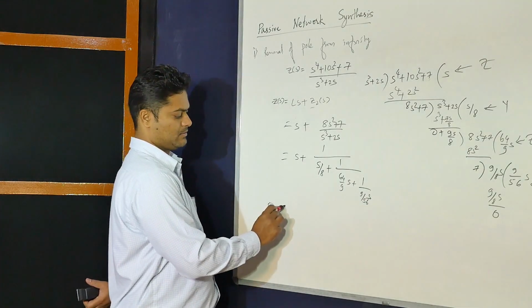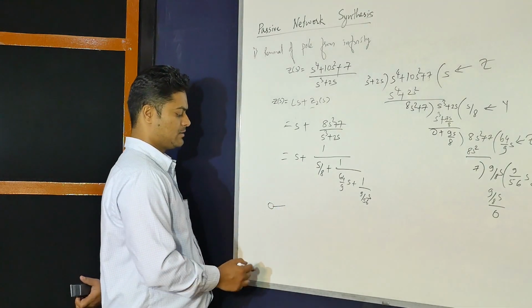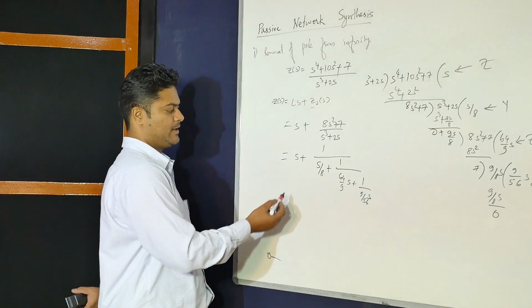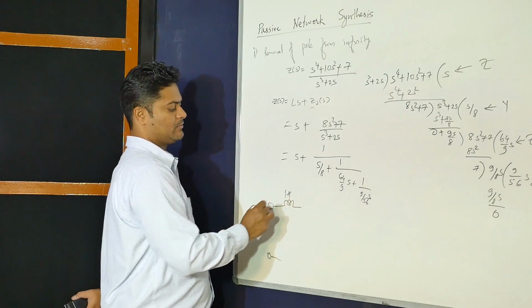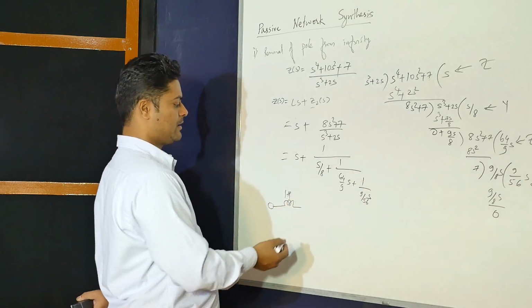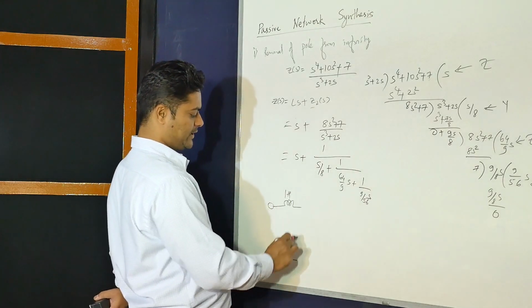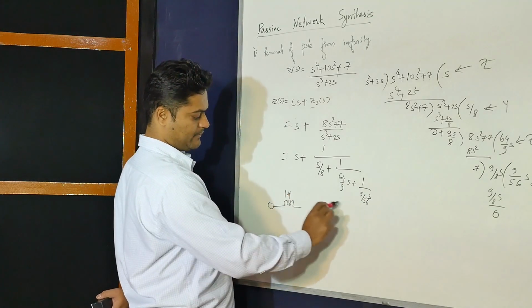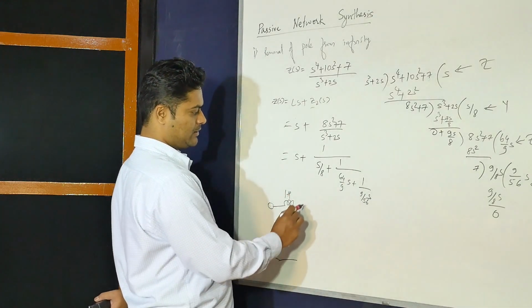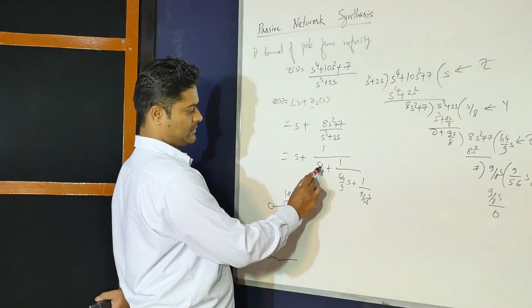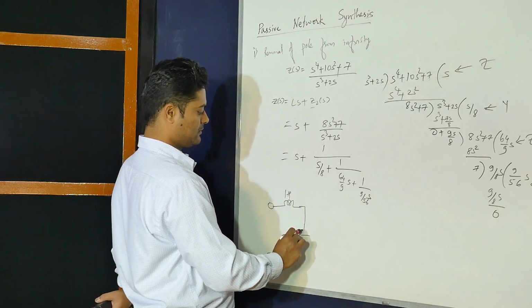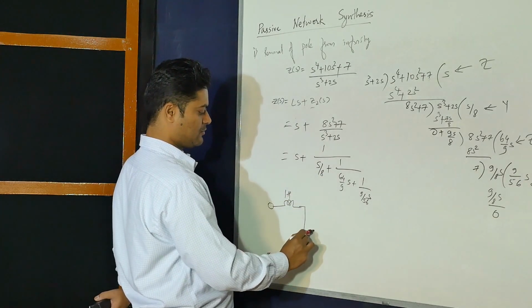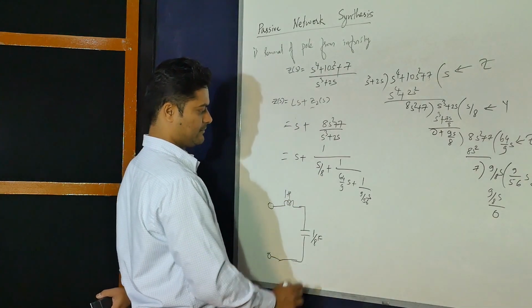So I can realize a network in the way L into S, right? The value, first one is 1 Henry. Then Z2 of S, in this form. But Z2 has got this capacitor, 1/8 farad.